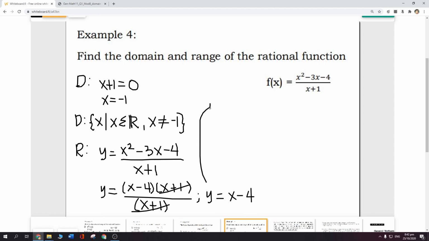So we will continue in this space. This time we are going to substitute x equals negative 1. We will use this equation to determine the value of y. So we have negative 1 minus 4. So y equals negative 1 minus 4, which is negative 5.